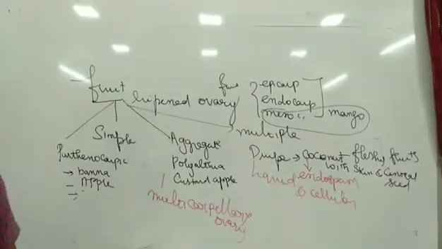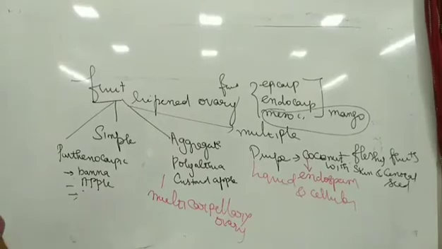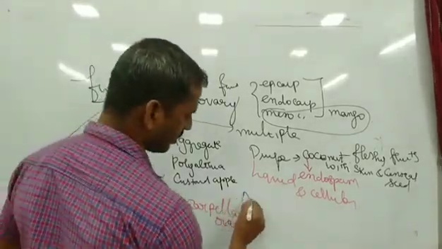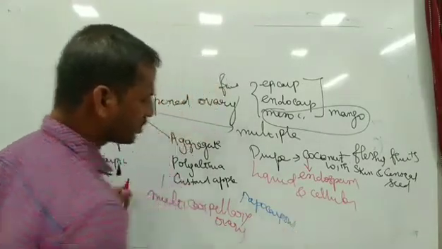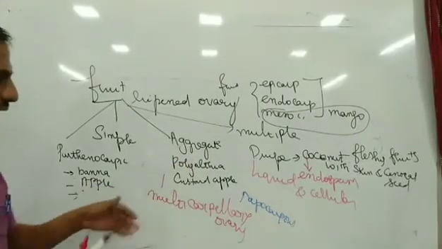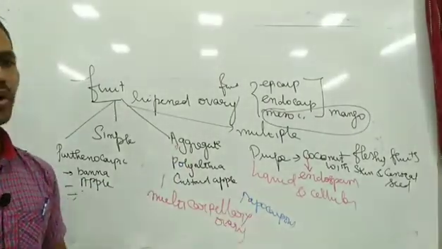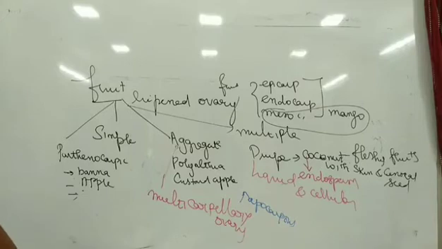Because of a multicarpellary, apocarpous ovary. So we have multi aggregate fruits, which are present in berries and all these things.